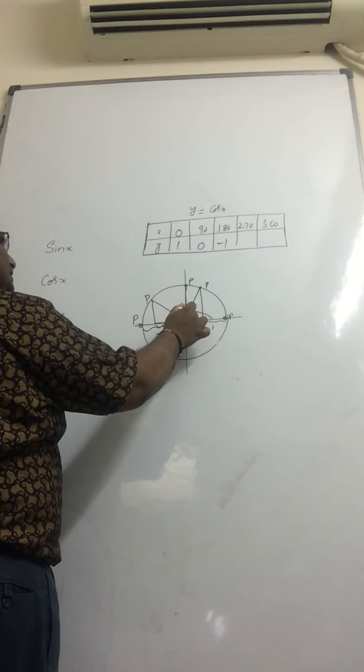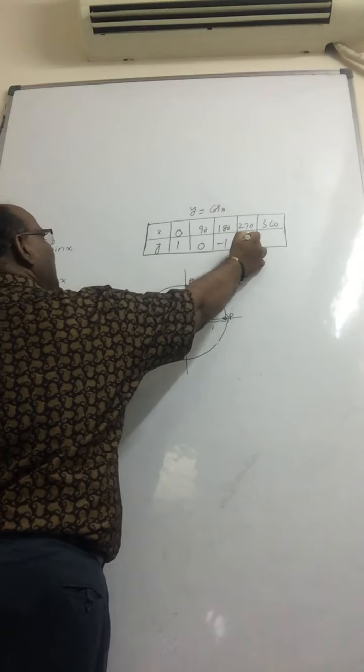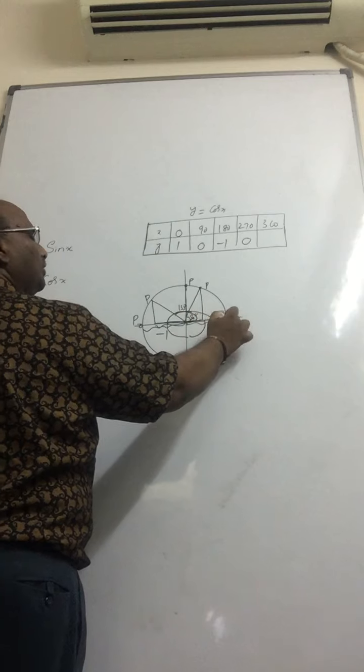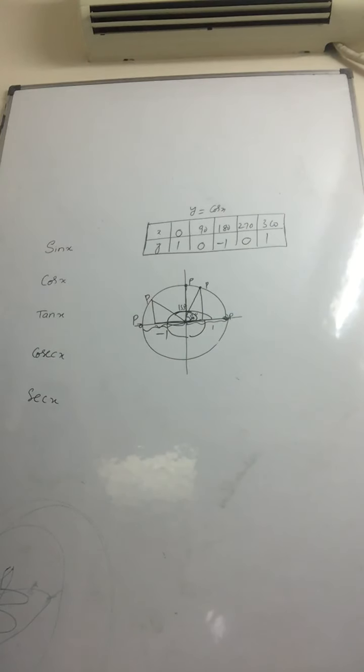If it is 270, there is no X, only Y. If it is 360, you only have X, that is 1. Now through the unit circle, we are able to find cos function values at different angles.